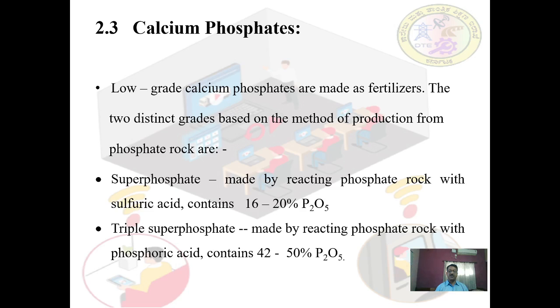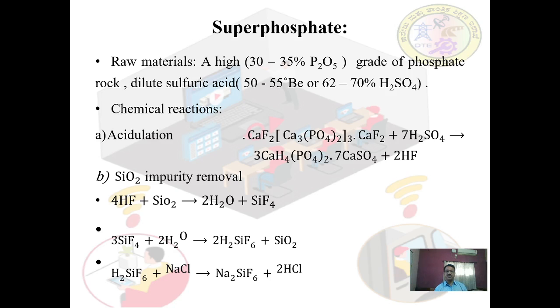So in triple superphosphate, the phosphorus pentoxide content is 3 times that of superphosphate, hence it is called triple superphosphate. First we'll discuss the production of superphosphate: how it is produced, what the raw materials are, and what chemical reactions occur. We'll see these one by one.